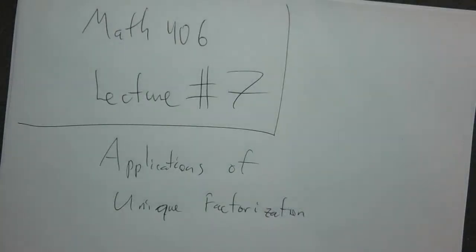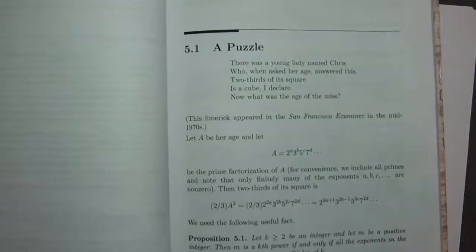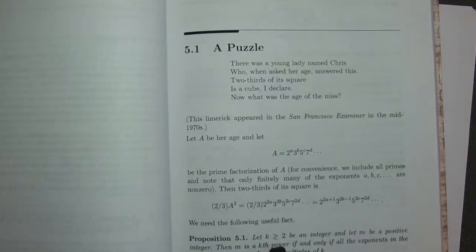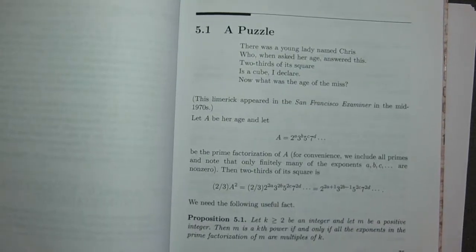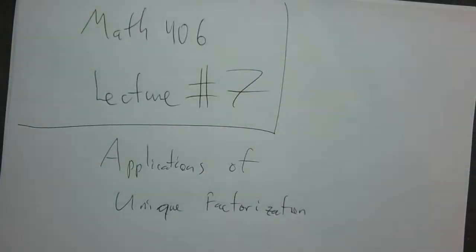That was the hint that we had, and so we had shown this proposition: if k is an integer and m is a positive integer, then m is a kth power if and only if all the exponents in the prime factorization are multiples of k. Okay, that was the thing that's going to make doing this puzzle a lot easier.